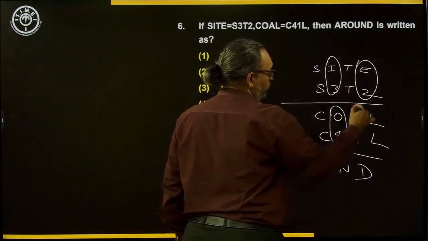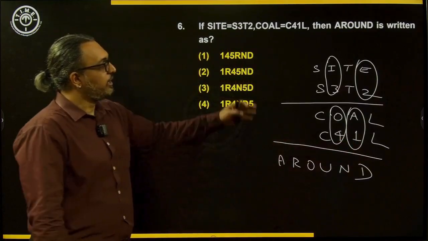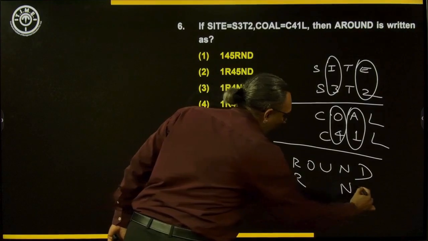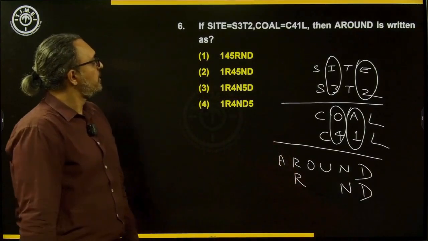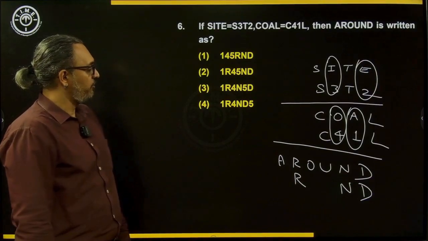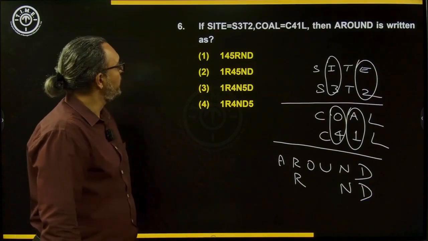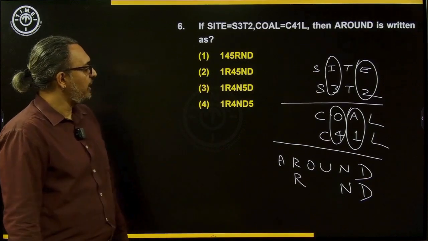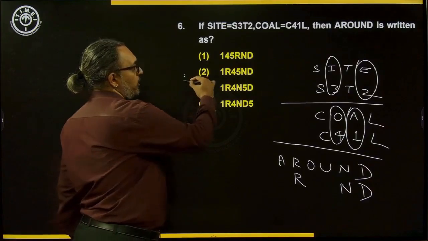The consonants are as it is. So if I keep the consonants as it is, R, N and D, you do have options everywhere with R in the second position, but N and D in the last happens only in the second option.